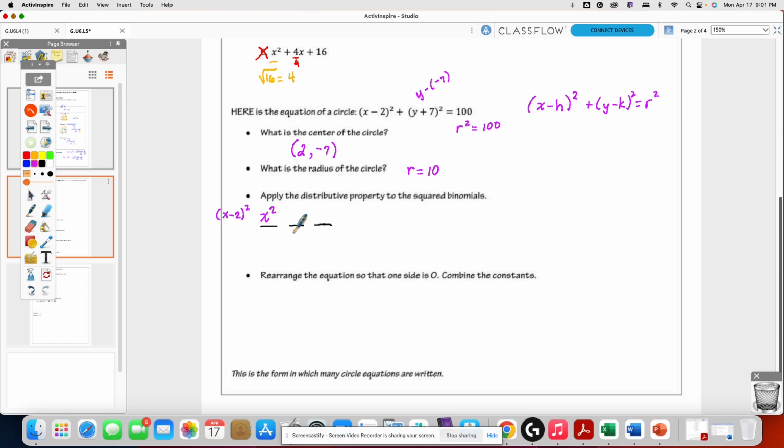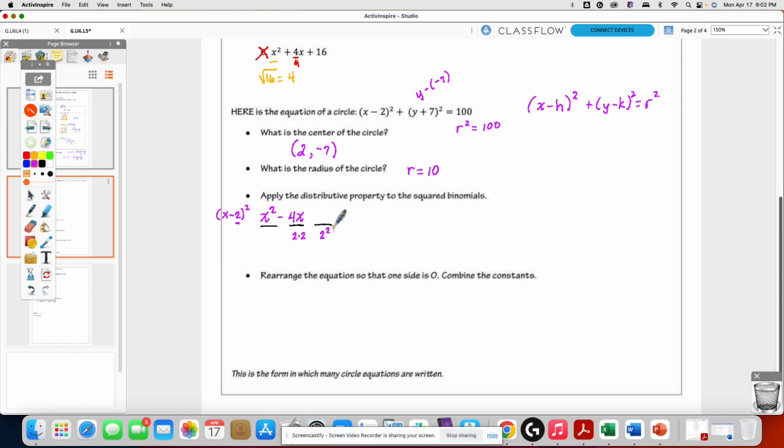The middle term would be you take that 2 and multiply by 2. So 2 times 2 would be 4, and it contains x. So if that is negative, this would be negative as well. And then for the last term, we take this 2 and square it.